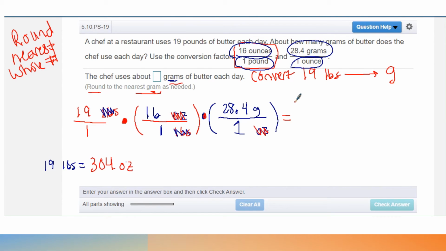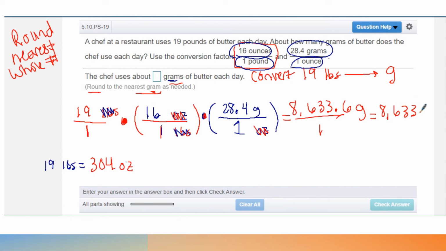That's going to give us 8,633.6. Since we only have grams left, that's going to be our units in the numerator. For our denominator, we have 1 times 1 times 1, and that's going to be 1. Any number divided by 1 is itself.